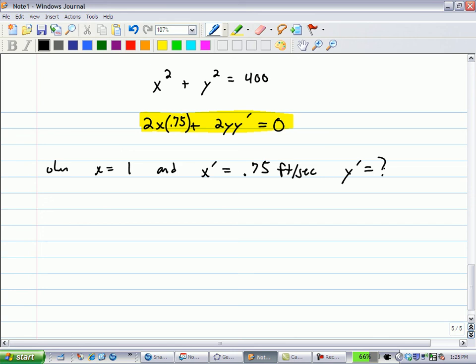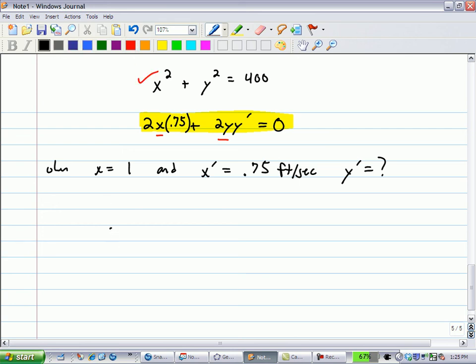All right, well, if you noticed with what we have in yellow there, if you're going to solve for y prime, you have to know both x and y. So the x is 1, and the y is radical 399, which comes from using this right here.